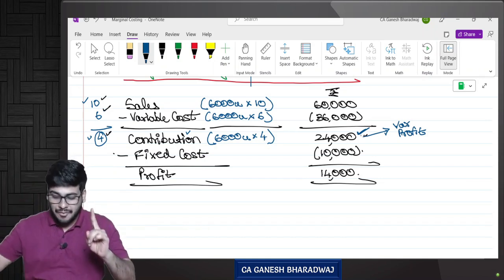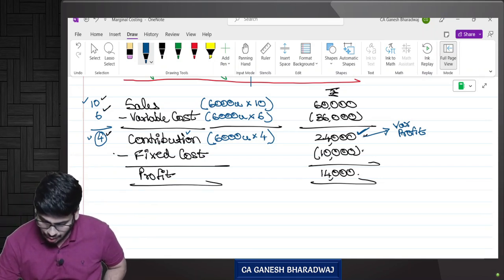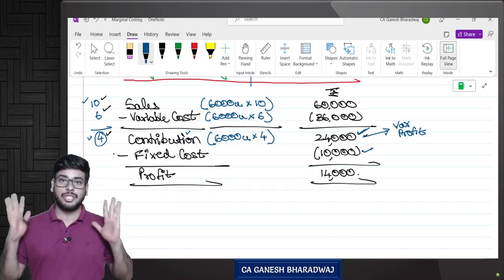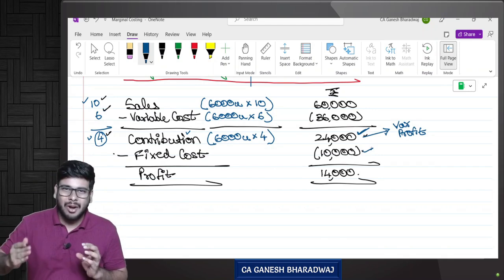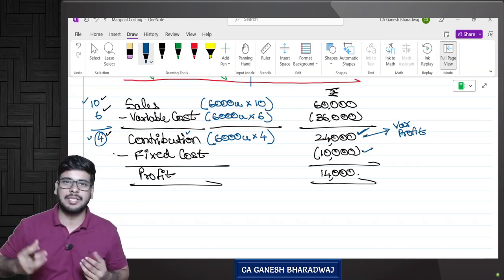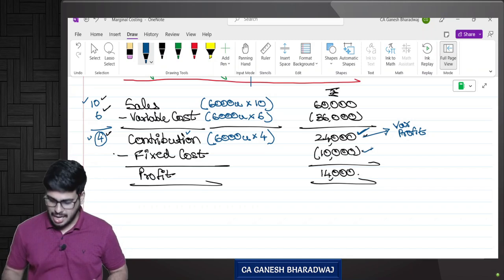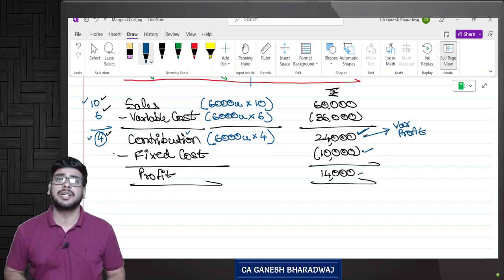what they do is, first they try to recover what? Their fixed cost. So out of this 24,000 rupees, first they recover their fixed cost, and over and above the recovery of fixed cost, whatever balance they have with them is called their profit. Yes or no?